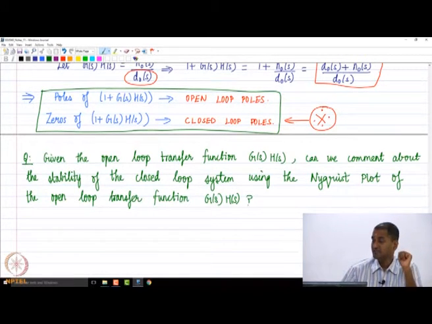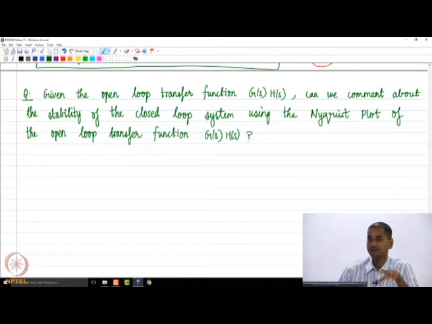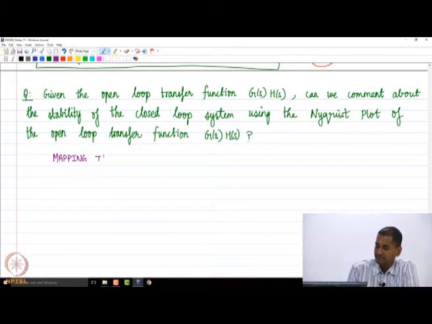But the general result on which this stability criterion rests is what is called the mapping theorem. In complex algebra, there is something called the mapping theorem. Once again, I am not going to prove any of this, we are just going to use it.